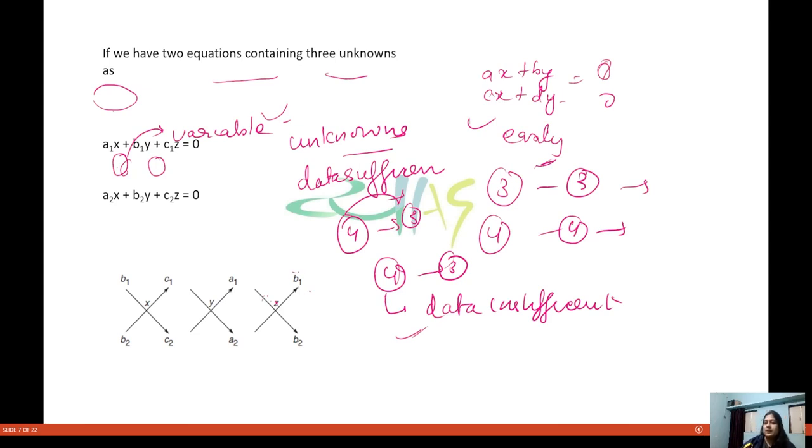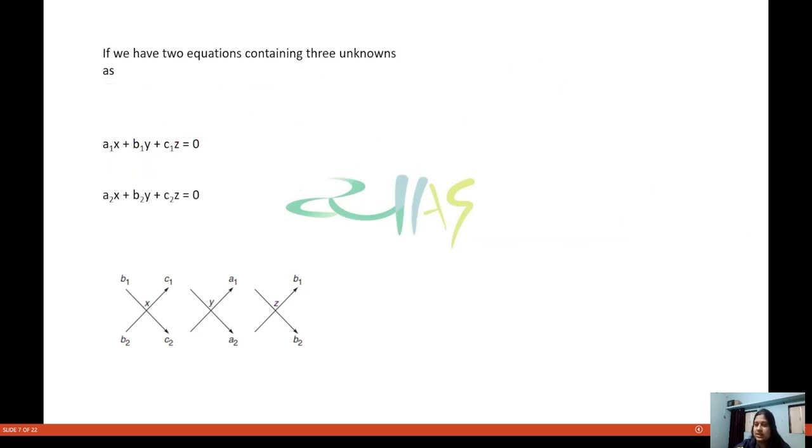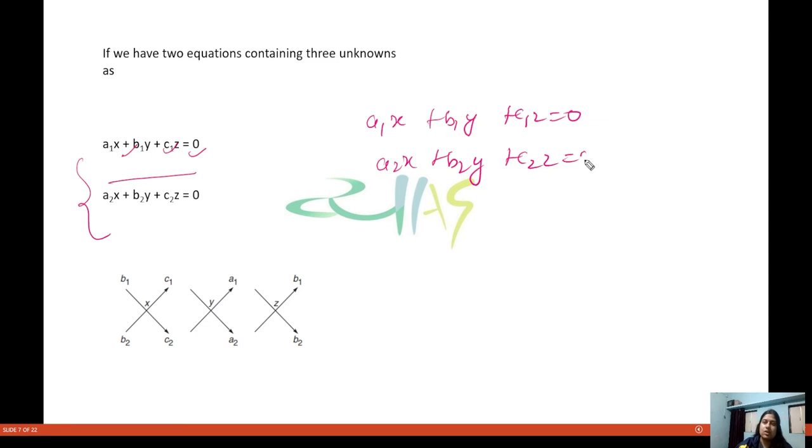For example, you are given x, y, z as unknowns and two equations: a1x plus b1y plus c1z equals 0, and a2x plus b2y plus c2z equals 0. Now there are three variables, x, y, z.